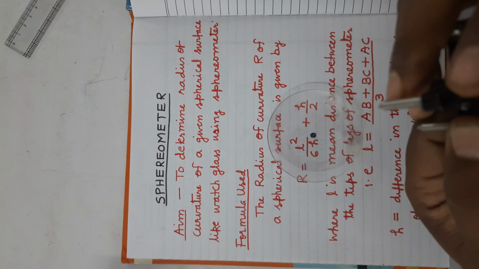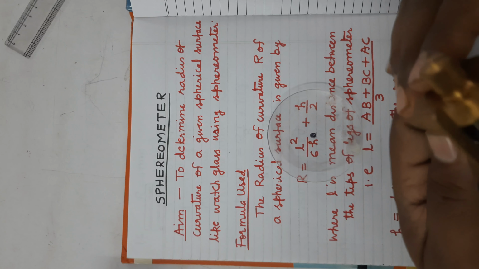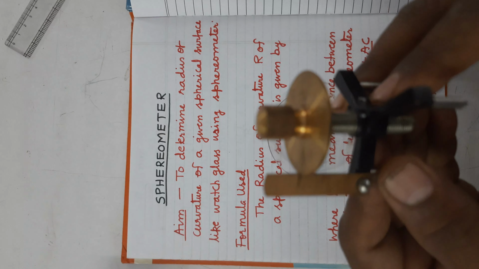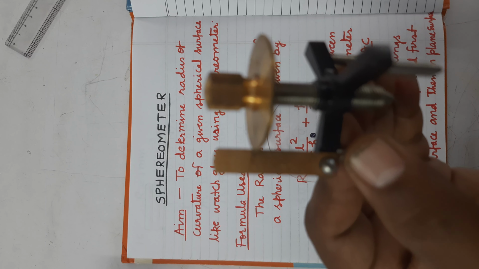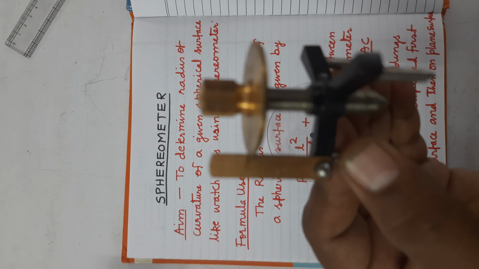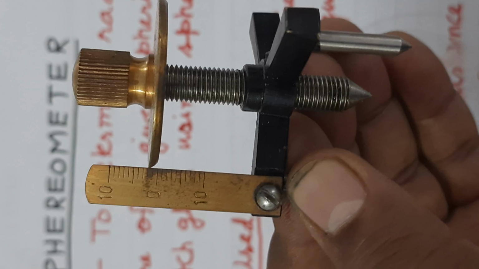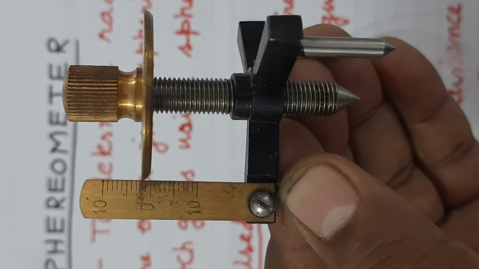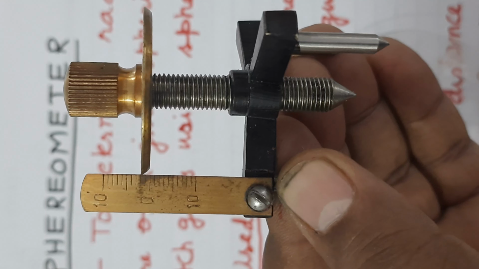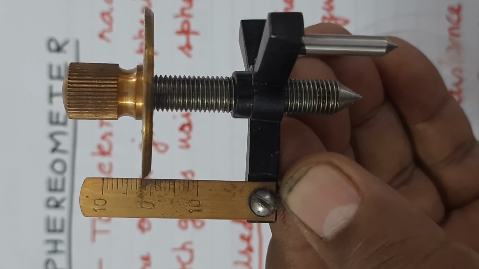So first let me explain what the spherometer is. You can see here the parts of the spherometer. Here there is a linear strip. This is called the pitch scale, or the main scale.